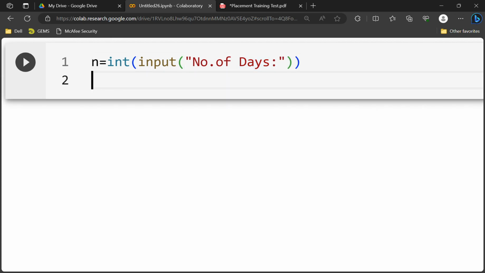Next, stock prices. Let me call that list SP. SP equal to, I will be using list comprehension to read the input: int(i) for i in input().split(). For the sake of convenience, I am assuming the stock prices are all integers, not real numbers.